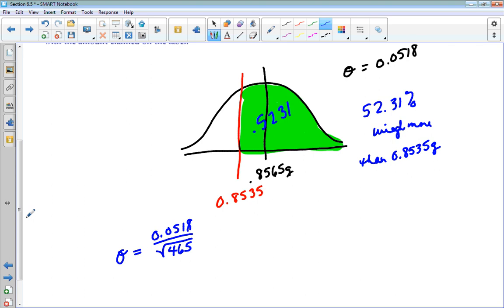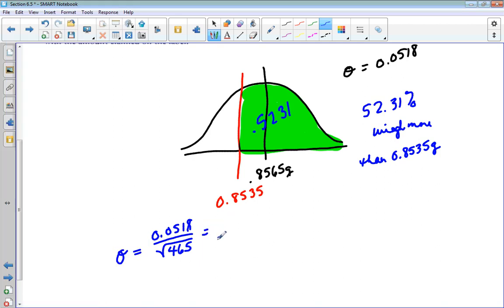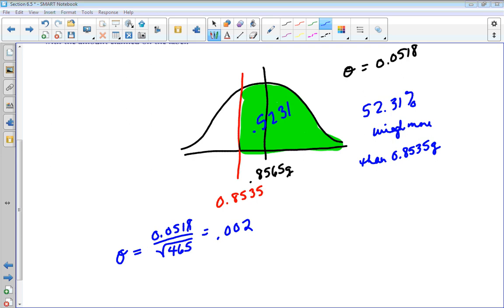So bring that calculator over. 0.0518 divided by the square root of 465 gives 0.0024. So there's my standard deviation.